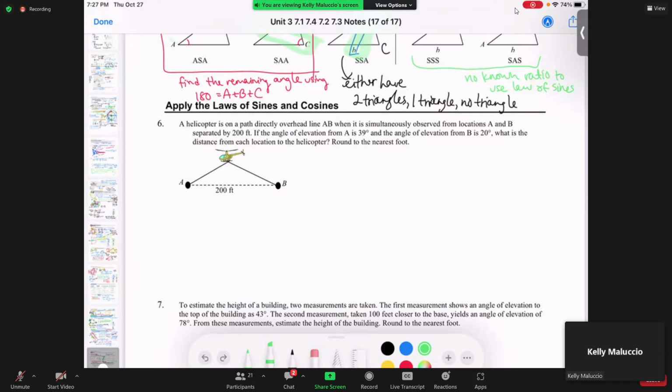Okay, so a helicopter is on a path directly overhead line AB, and it's observed from locations A and B separated by 200 feet. They draw this picture for us, so that's good.